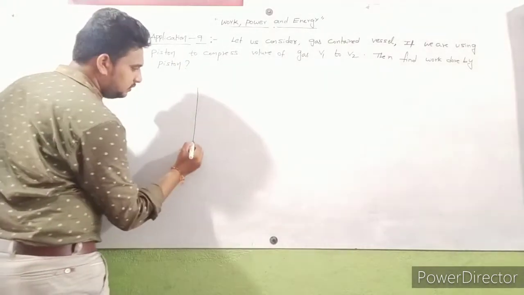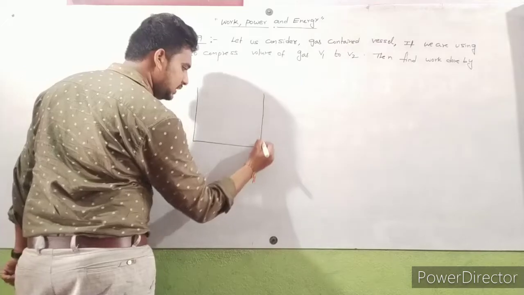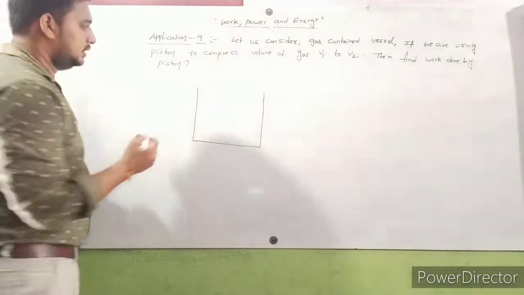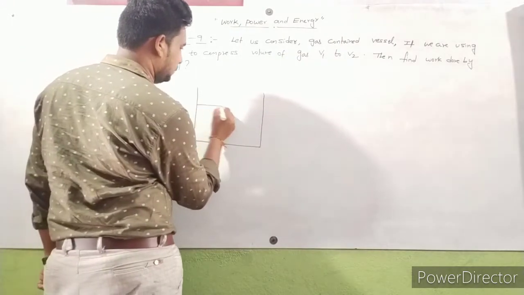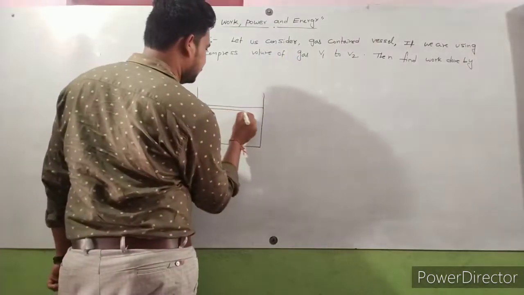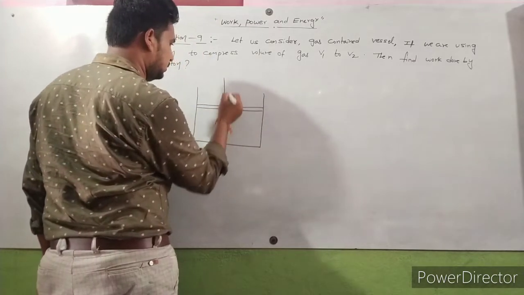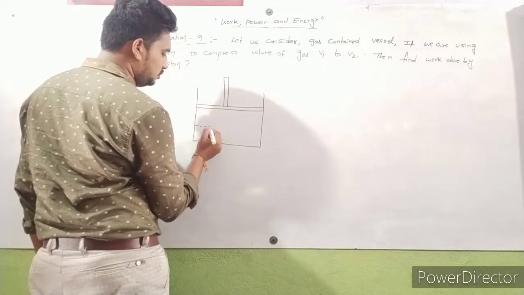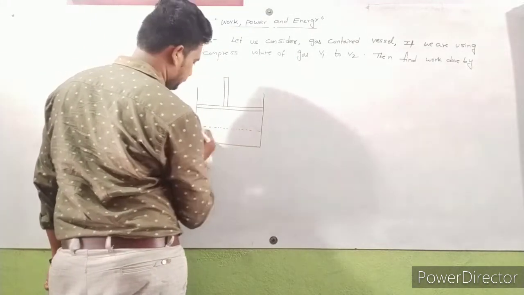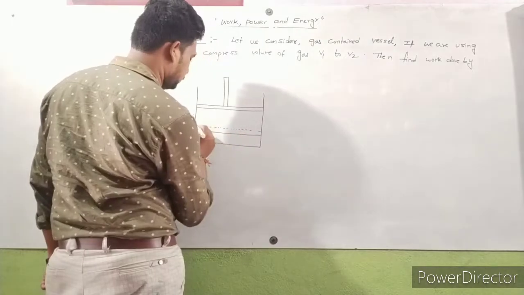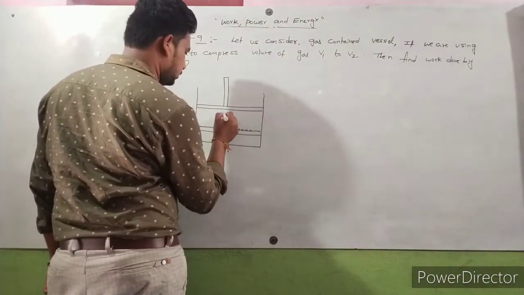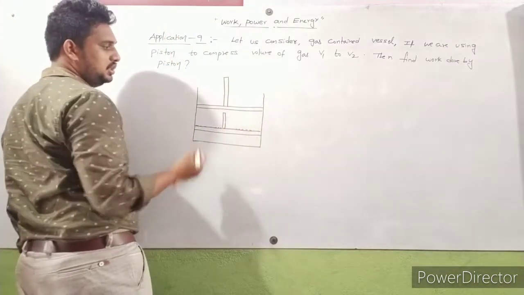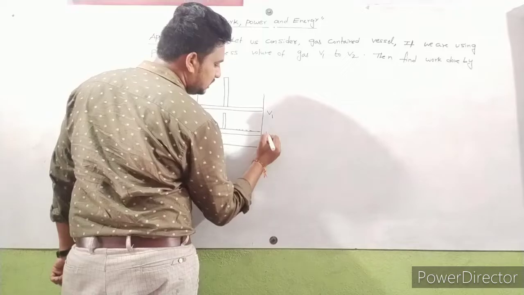So observe carefully here. This is a vessel. Let us consider a gas contained vessel. I'll consider this is a piston. Here the piston moves from this position to this position, and the volume is decreased.